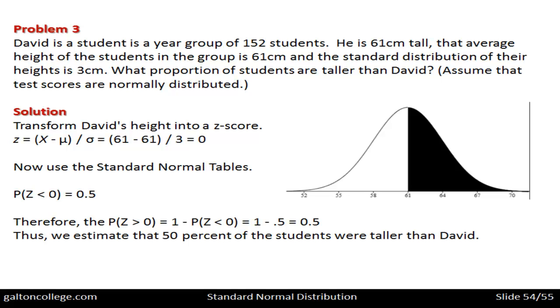Therefore, the probability of z being greater than 0 is equal to 1 minus the probability it's less than 0, which is 1 minus 0.5, which is equal to 0.5. Thus, we estimate that 50% of the students were taller than David, which makes absolute sense. They started at 61 centimeters each. Half of them will be taller, half of them will be shorter than David.